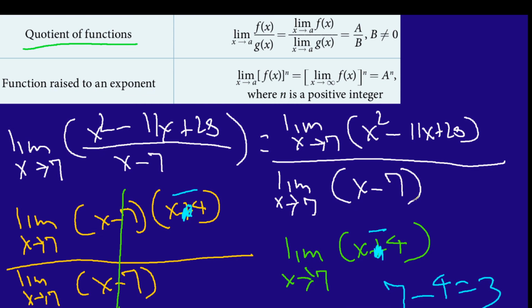For the quotient of functions, it's really just a matter of splitting apart the numerator and the denominator, so they each become their own limit. And then in the example on this screen, we had to factor first, remove the common factor, which is x minus 7, and then solve for x using our x value in the limit. That's all we did. Not that complicated. Again, it's just an extension of many of the tools we've learned in the past.